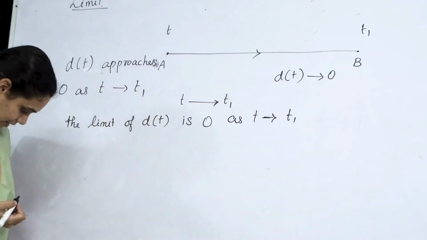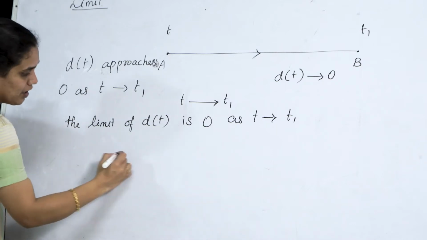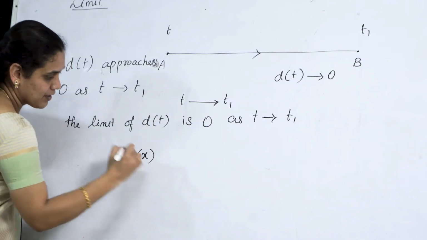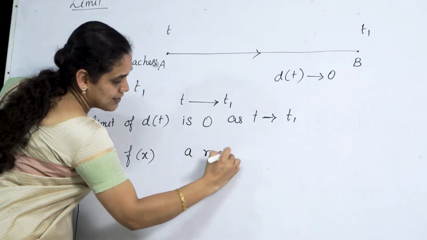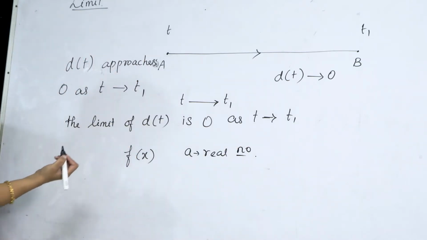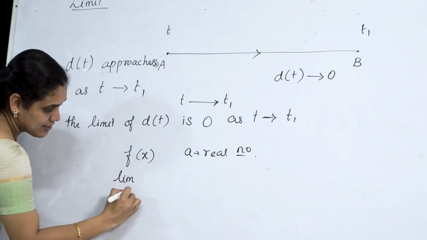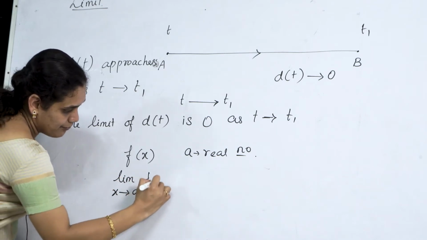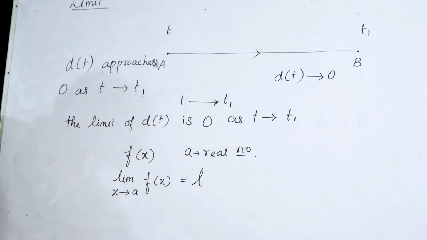So mathematically, in general form we can take a function f of x and a be any real number, and x is our variable, we all know that. So how can we write this? As limit x tends to a, f of x will tend to a definite value L.